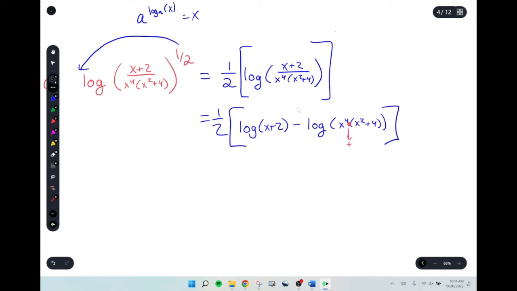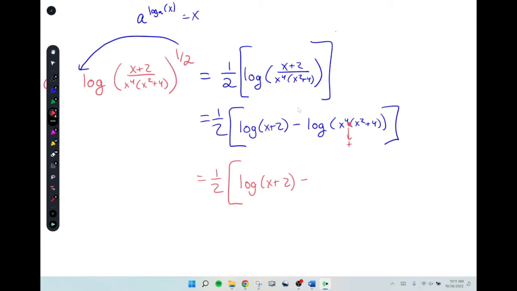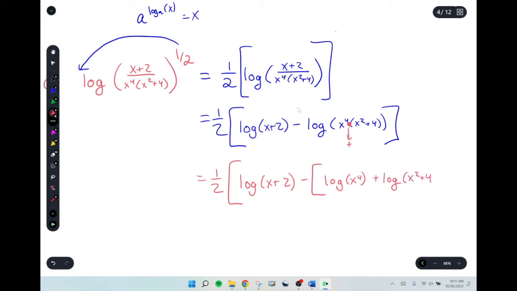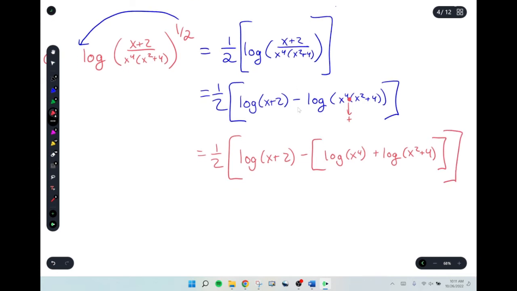So we will end up with 1/2 log of x plus 2 minus, ooh, I got to be careful with that minus sign. It'd be so easy to just subtract the first term of our new addition and not the whole thing. The whole thing, right? Log of x to the 4 plus log of x squared plus 4. It'd be so easy to just subtract that first one and not the rest of them.